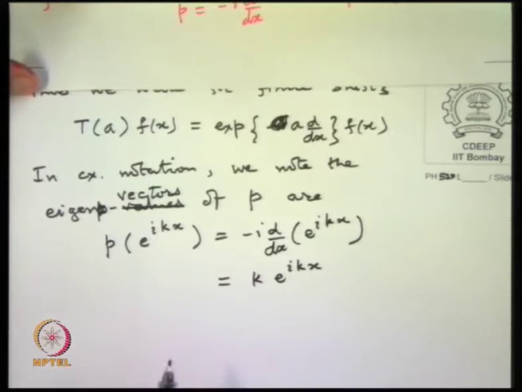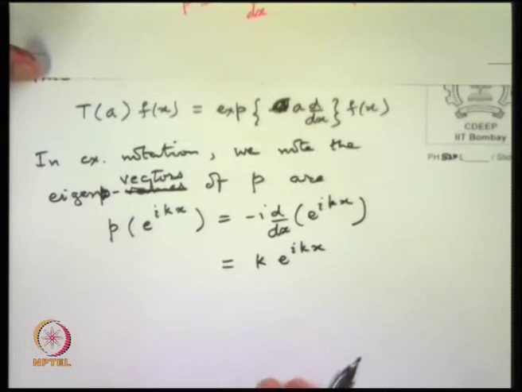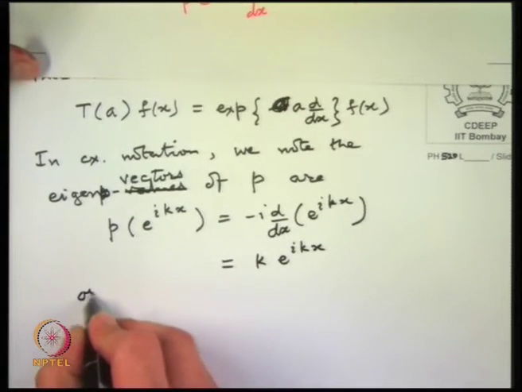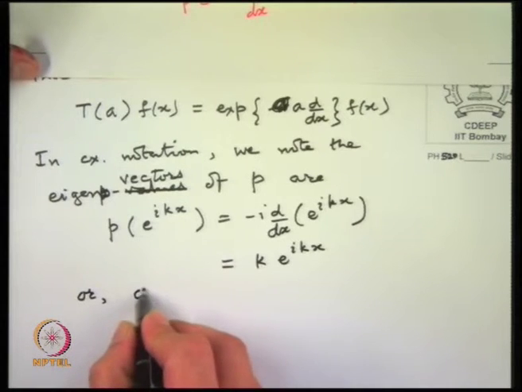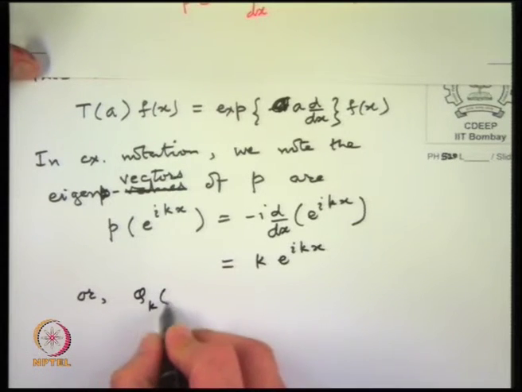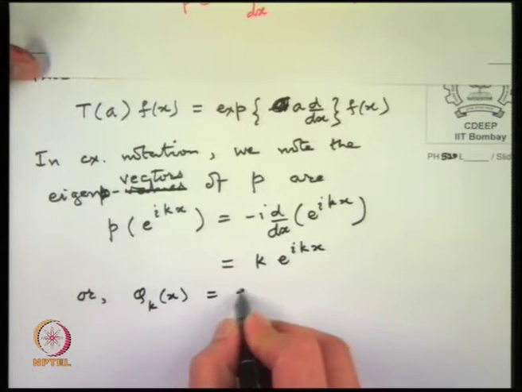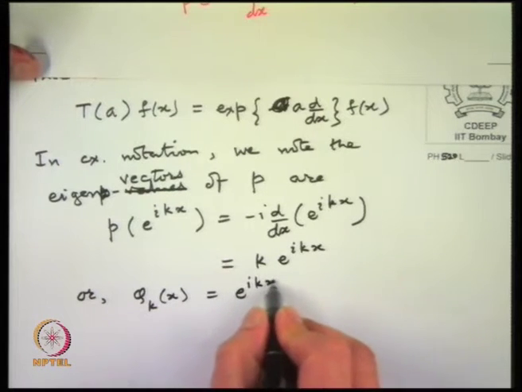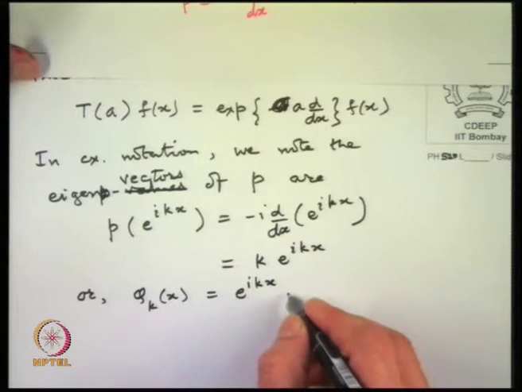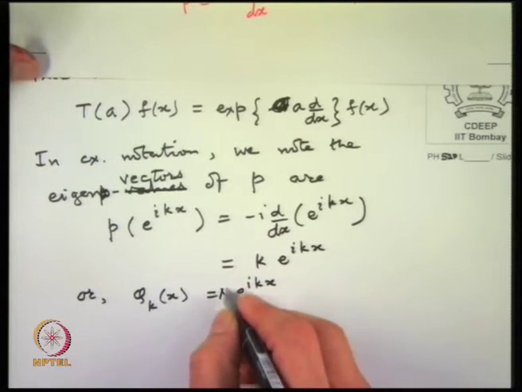Eigenvectors of P are e to the i k dot x. And we have to normalize it by something. So put n for the time being.